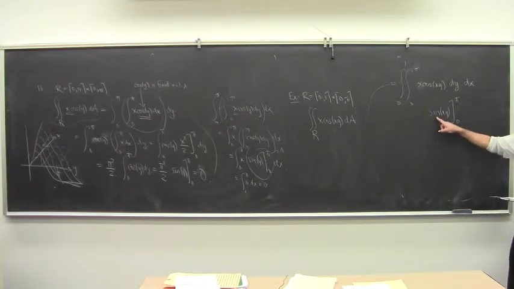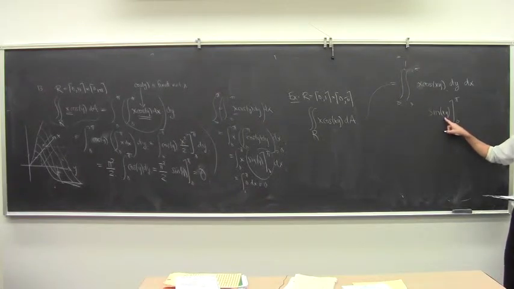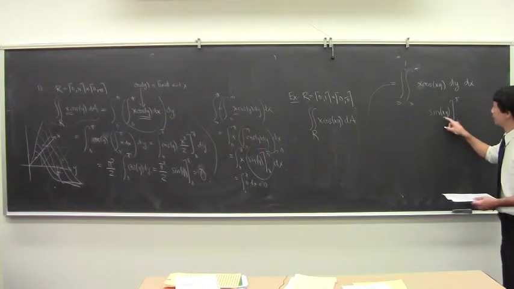Because the derivative of sine xy with respect to y is going to be x cosine xy. This x is a constant.